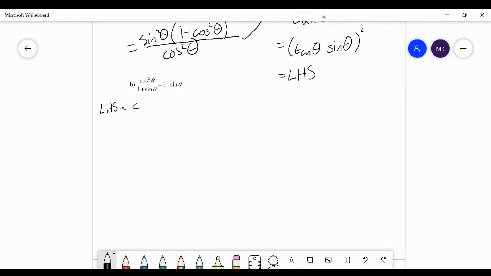Okay, so I have cosine squared theta over 1 plus sine theta. Now, the only thing I can really do here is deal with this cosine squared theta.